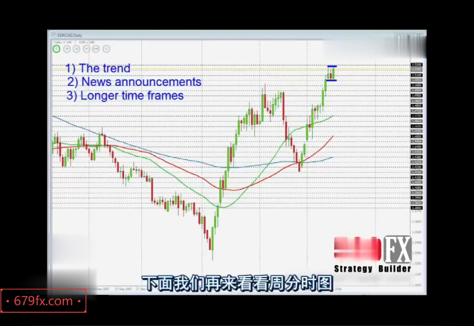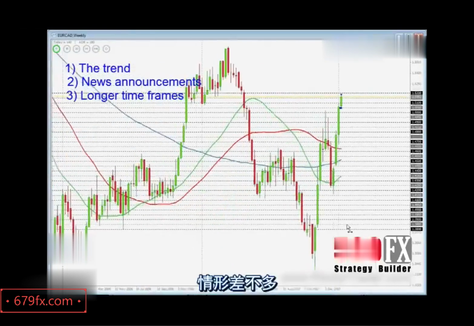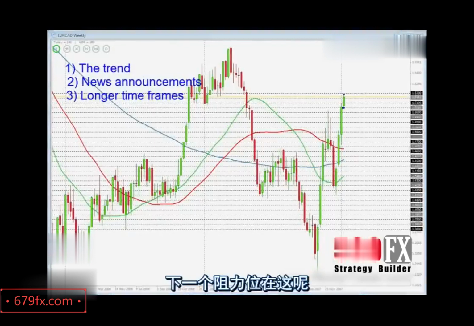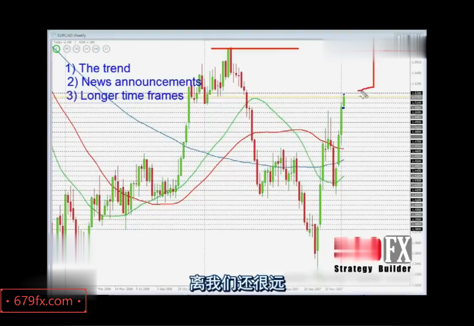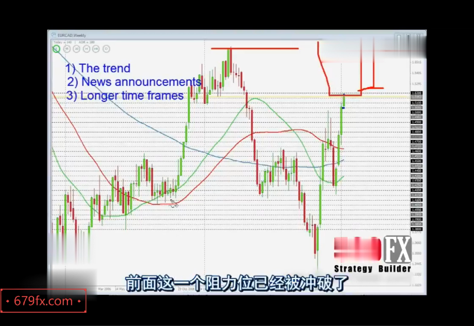Let's now have a look into the weekly chart. Pretty much the same. The next resistance level is right there, but it's way too far above, about 500 pips above. There's plenty of space to squeeze some profits here. The previous level of resistance was broken already.